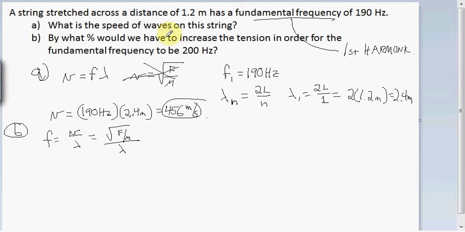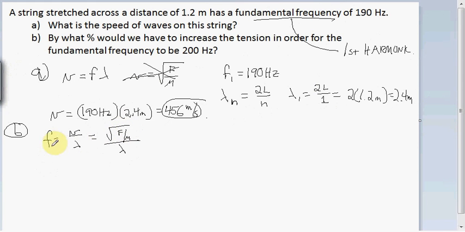Now, I don't have a lot of this information. I don't have what the tension is. I'm interested in how much it increases by. I don't have any information about the linear density. I do know the wavelength, but that's not going to help me.